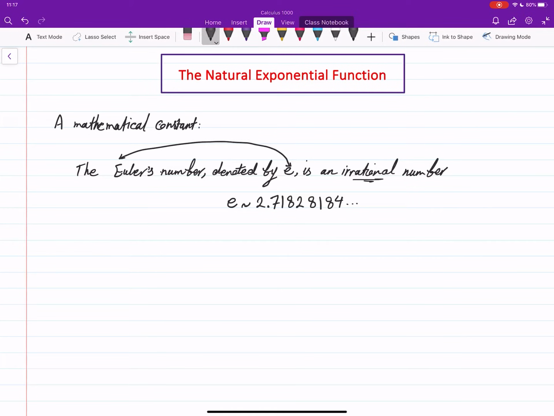E. It never stops, and there is no good pattern that I can tell you, follow this, you will find all the digits. When you see this, first of all, you don't need to remember all the digits.